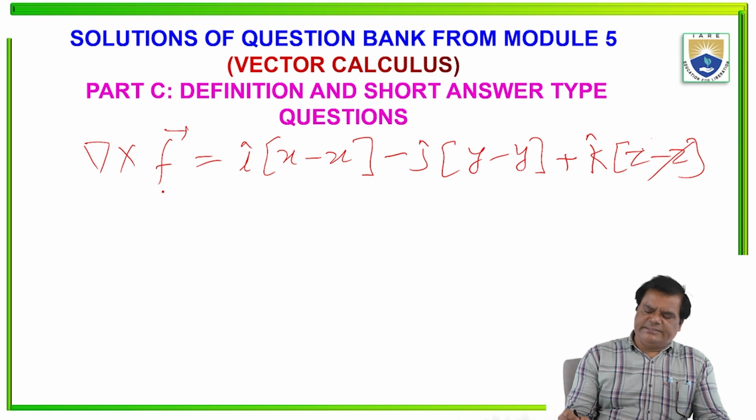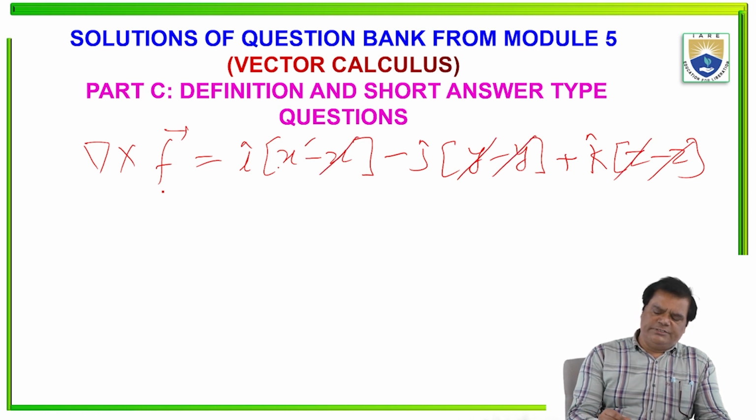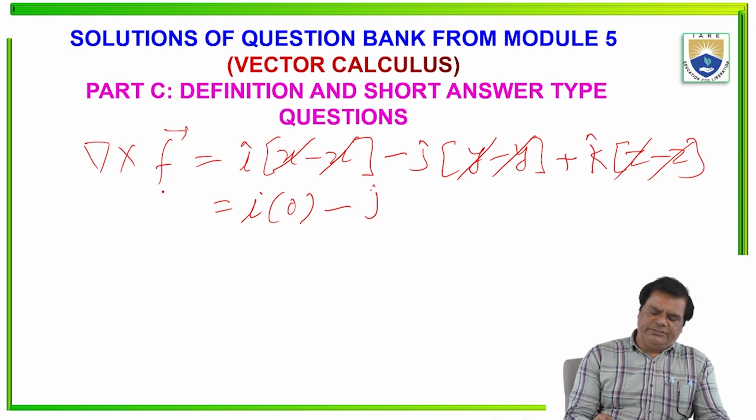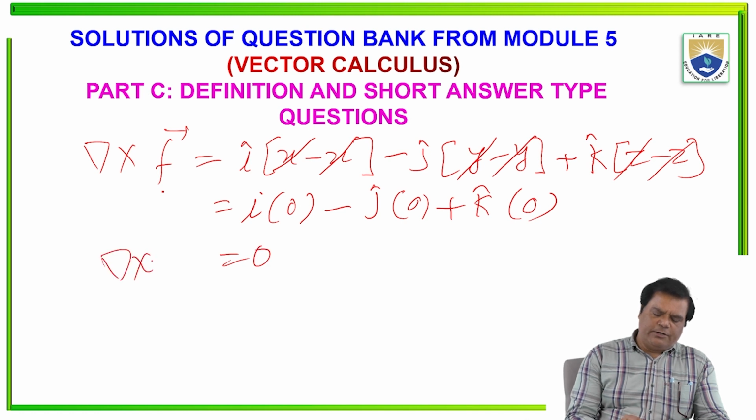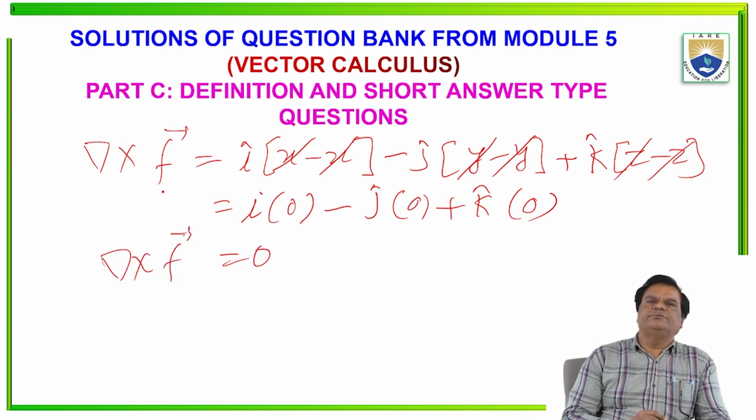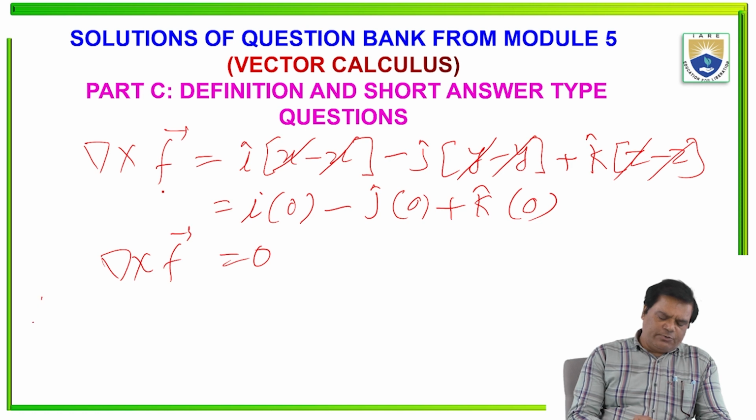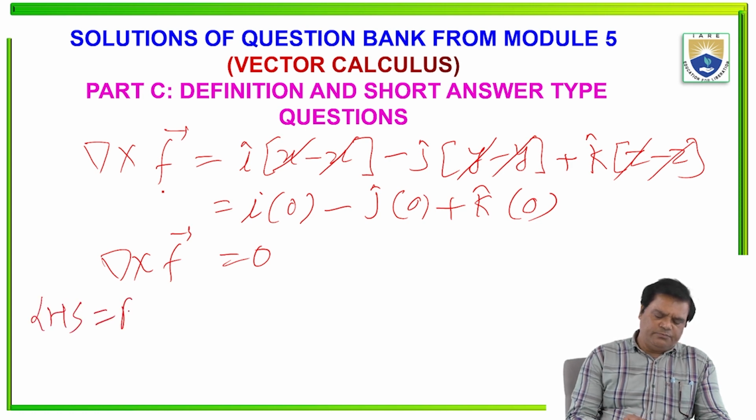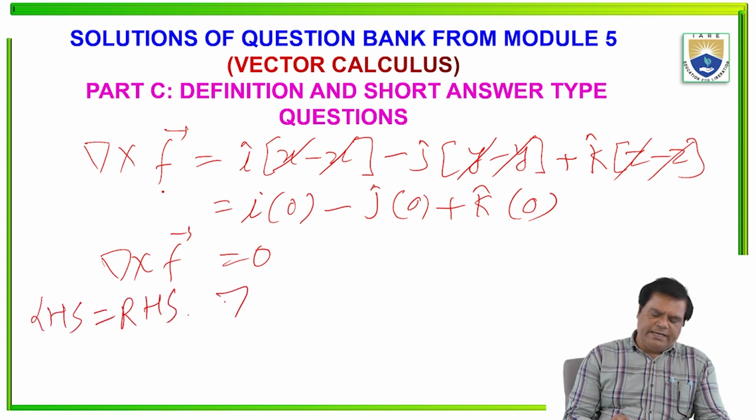So i into 0 minus j into 0 plus k into 0, and we get 0. Del cross F equals 0, so LHS equals RHS.